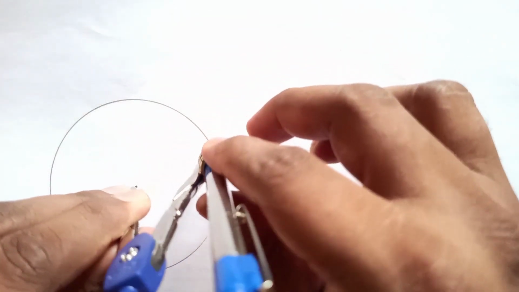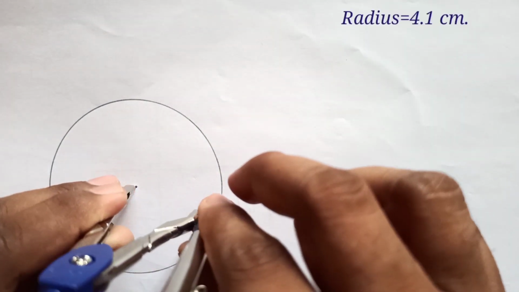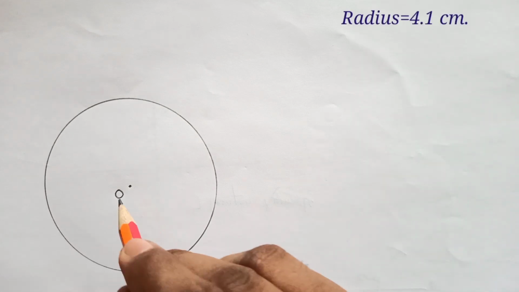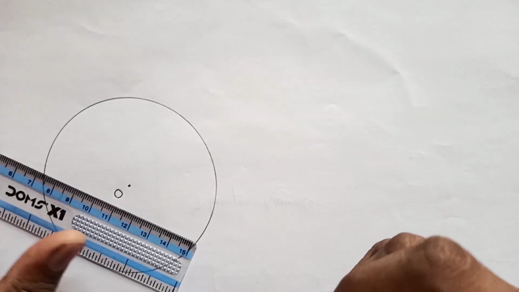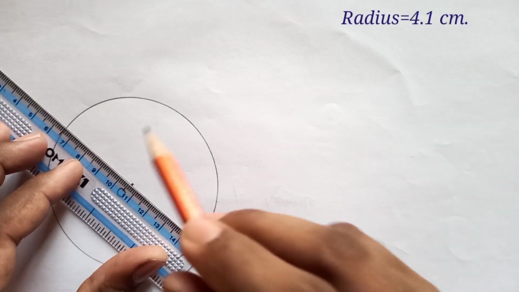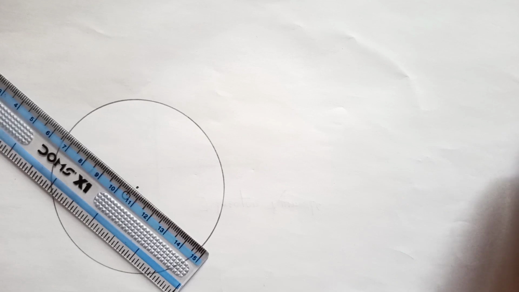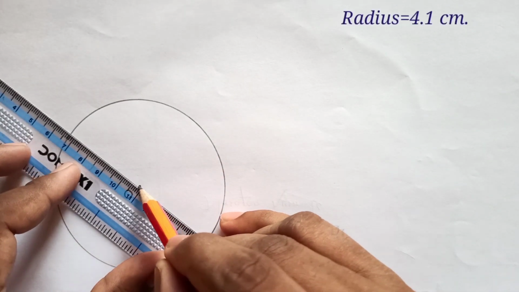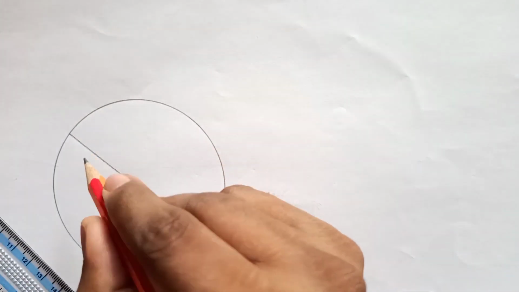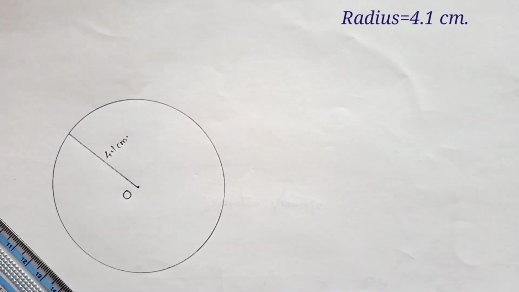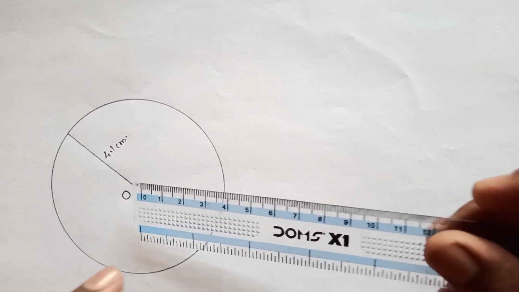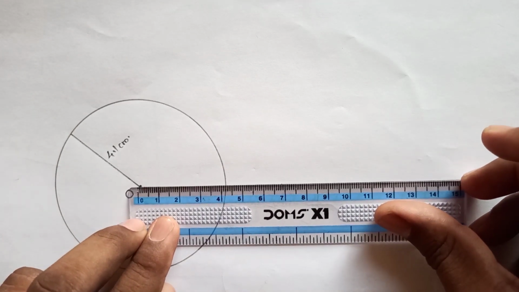So this is the circle of radius 4.1 centimeter, and the center of the circle is O. Now the radius of the circle is given, which is 4.1 centimeter, so we can show that radius this way. Okay, so this is 4.1 centimeter. Done. Now then we will draw this ray.